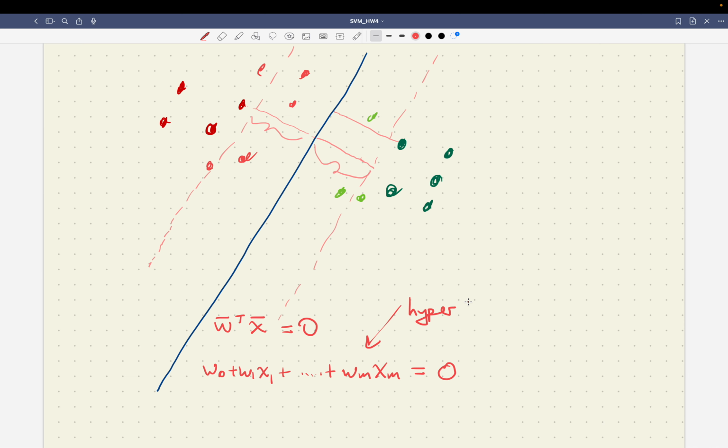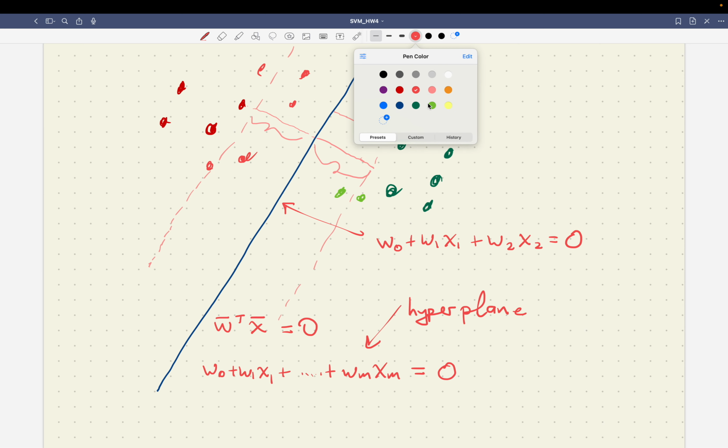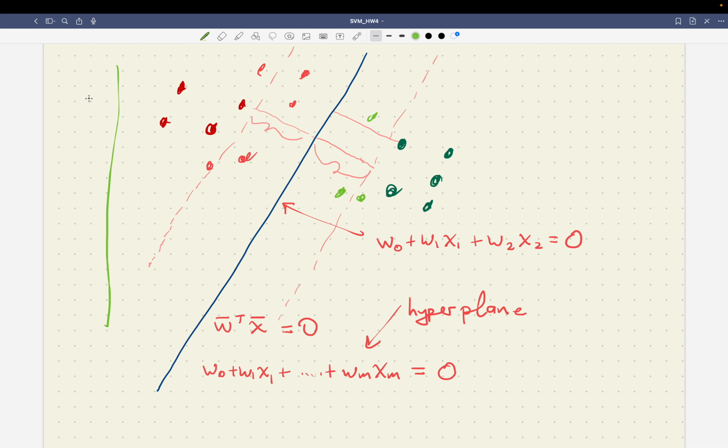In the data that we've drawn here, there are only 2 dimensions, so this would be a line: w0 + w1x1 + w2x2 = 0, where we have an axis for x2 and an axis for x1.